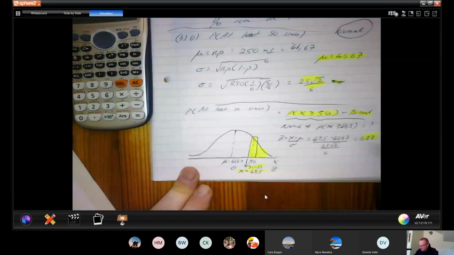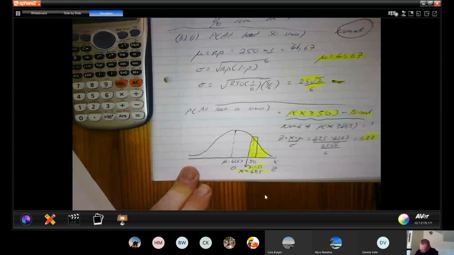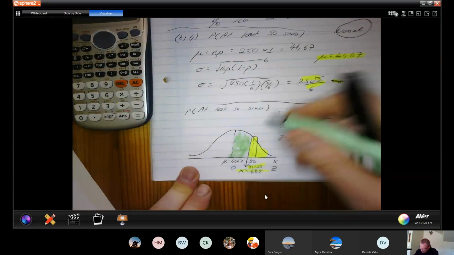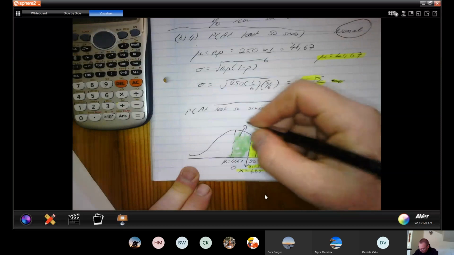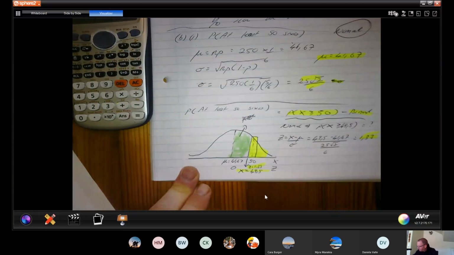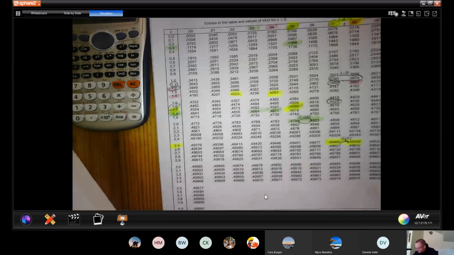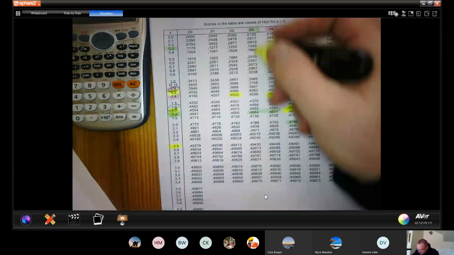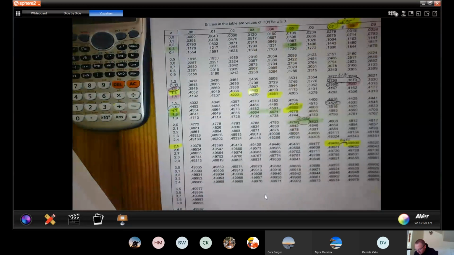So we're going to go find the green area by using our table, which tells you that z is less than. We're looking for 1,33. 1,3 is over there, 3 is over there. I got 0,4082. Did you get that? Yes, sir.